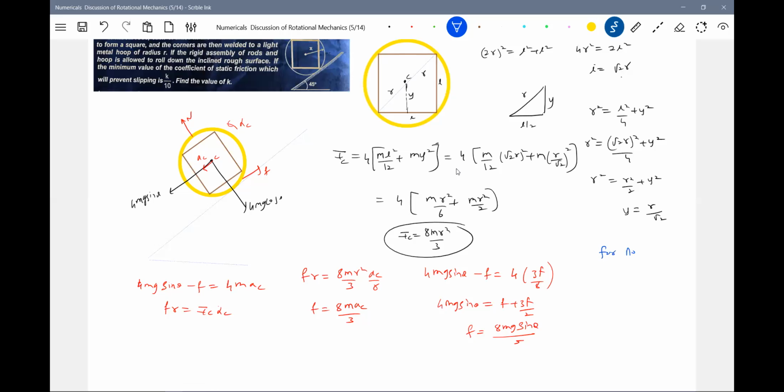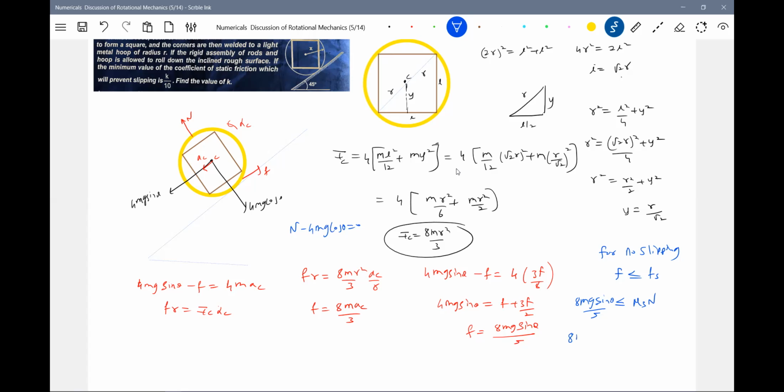This friction should be less than or equal to the limiting friction or maximum static friction. So 8 mg sine theta by 5 should be less than or equal to mu s N, where N equals 4 mg cos theta.